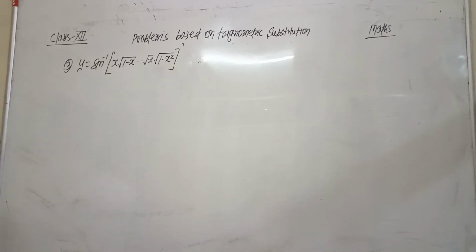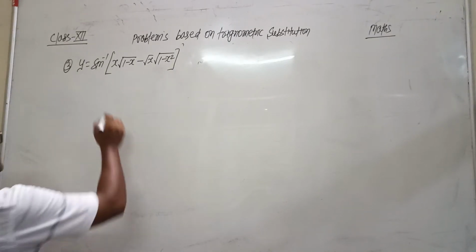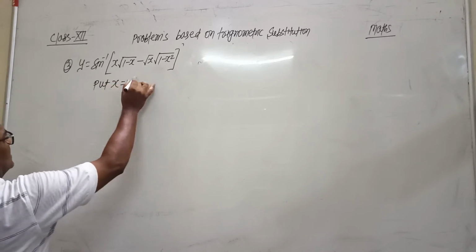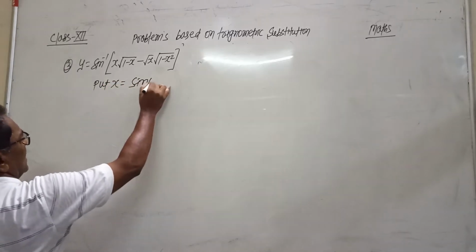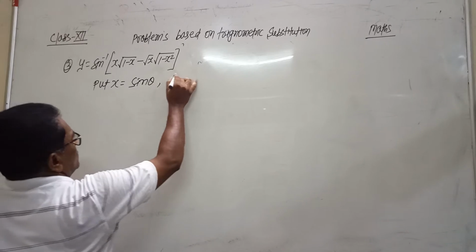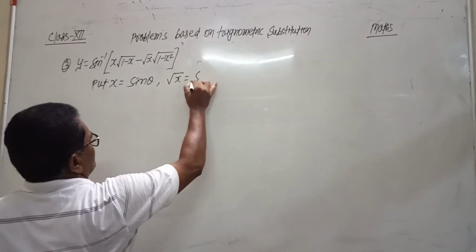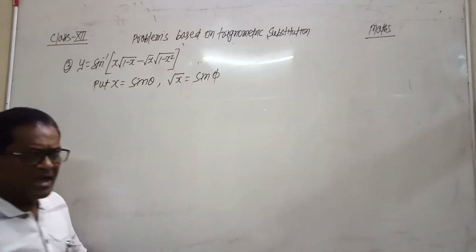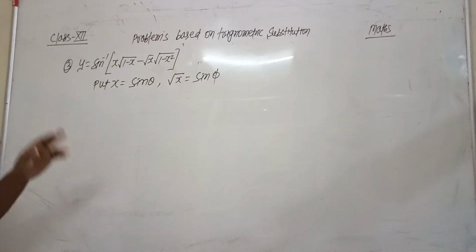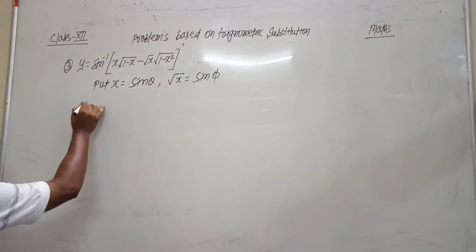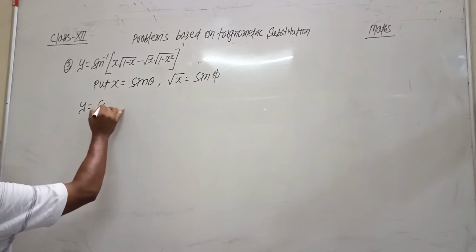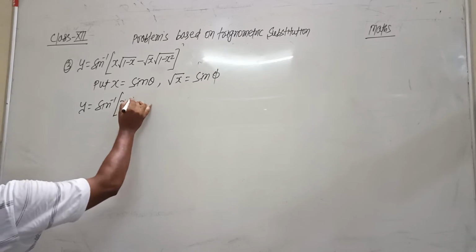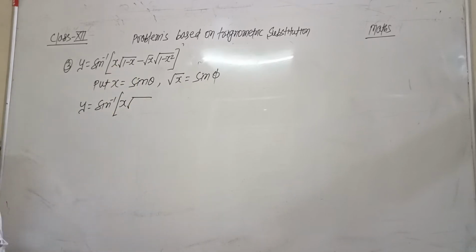So in this question we will put x equals to sine theta and root x equals to sine phi, and it will be written as sine inverse of x under root 1 minus x.